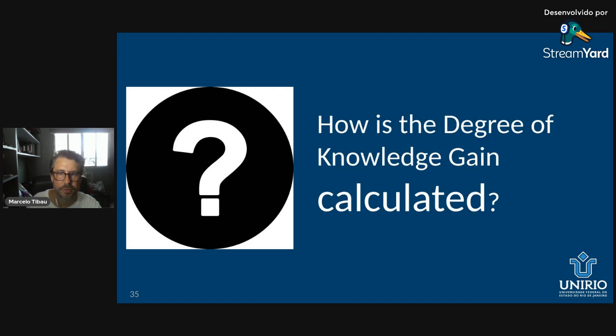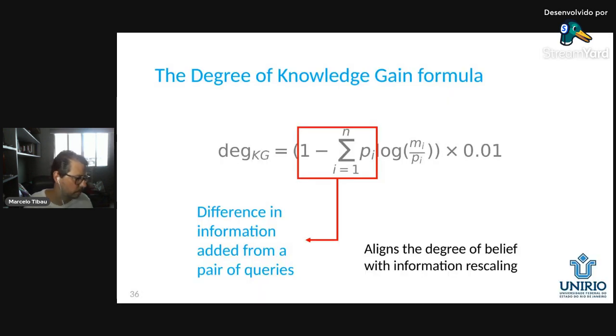But how is the degree of knowledge calculated? This is the formula. Here, 1 minus the text probability. We already saw that it represents the difference in information added from a query of a pair of queries. But it is here because it aids to align the degree of belief.